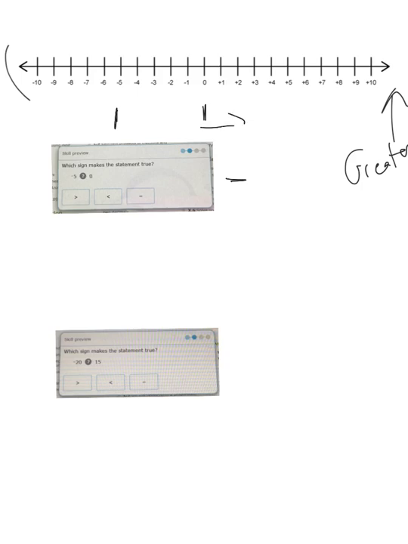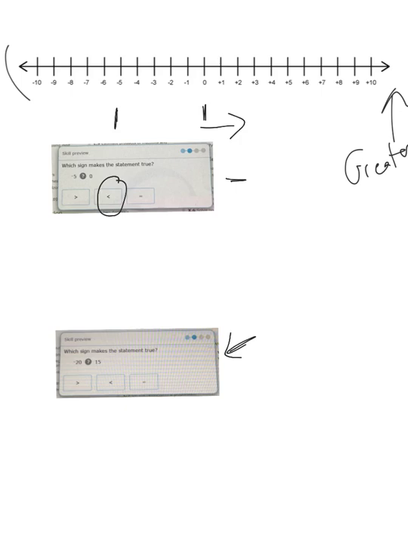The 0 is the closest to the right, therefore it's the biggest. So for this particular one, we want to say -5 is less than, which is this symbol, 0, or 0 is greater than -5.